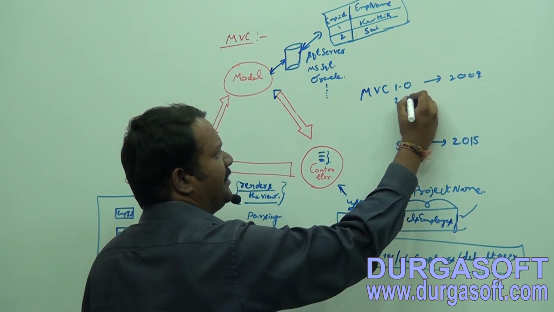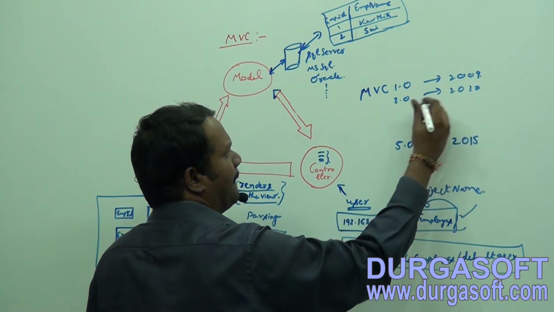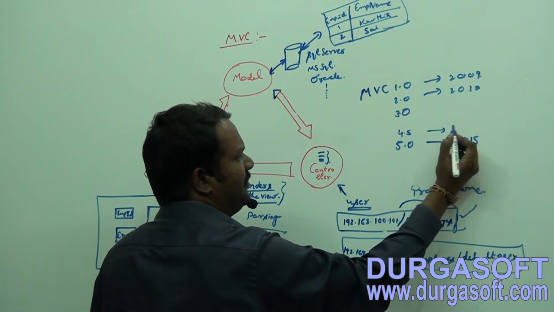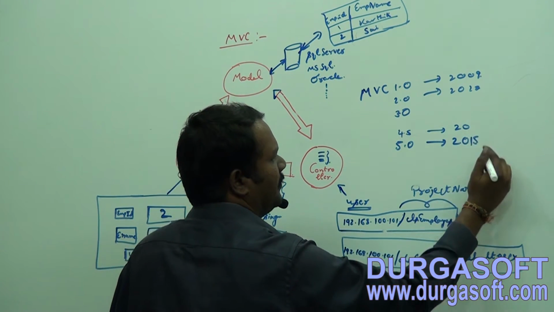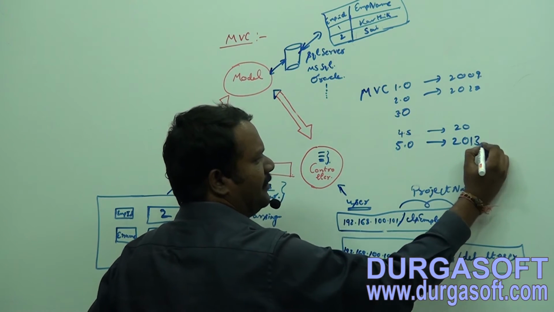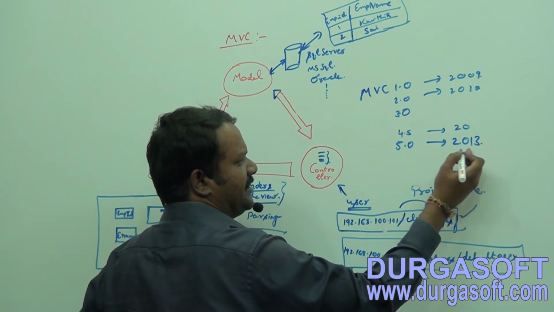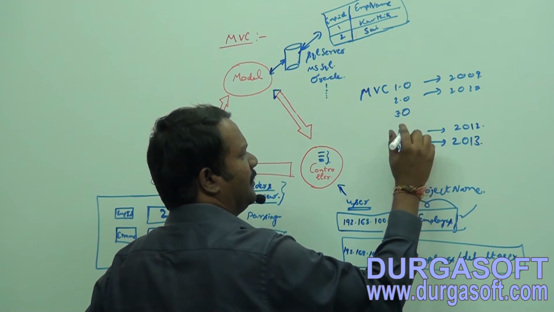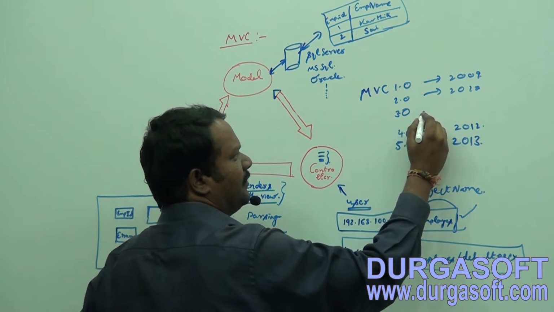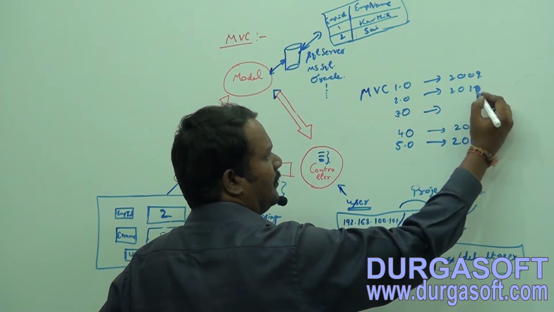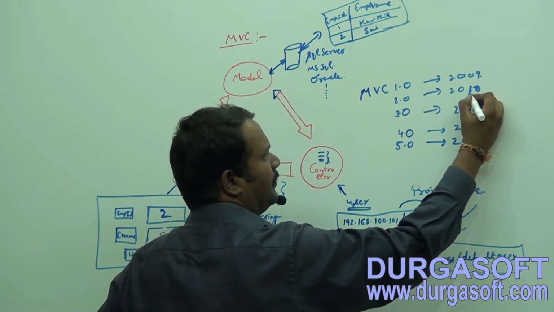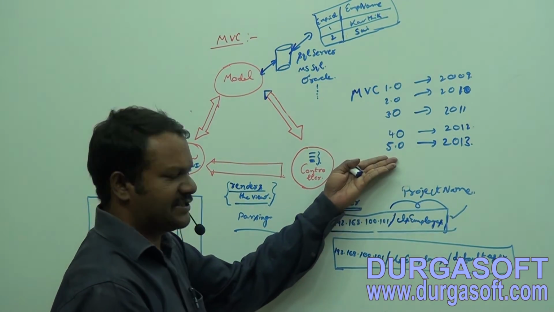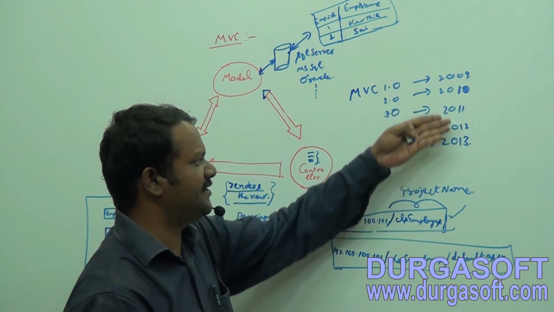Then 2.0 in 2010, then 3.0, and MVC 4.0 came along in 2012 with Visual Studio 2013. So these are the different versions of MVC, versions 1 to 5, introduced in these years.